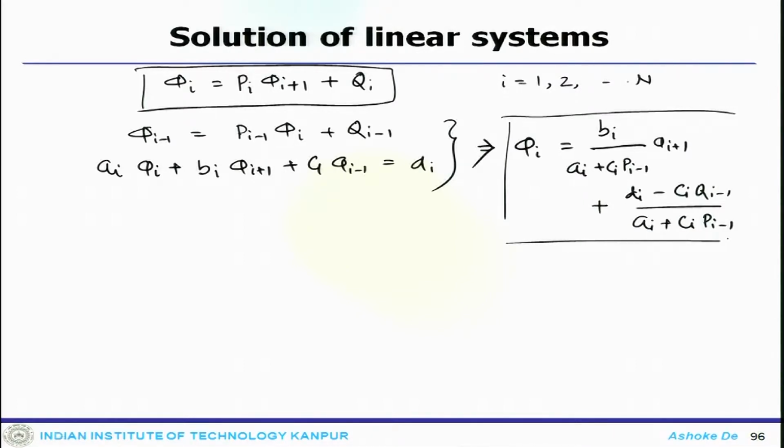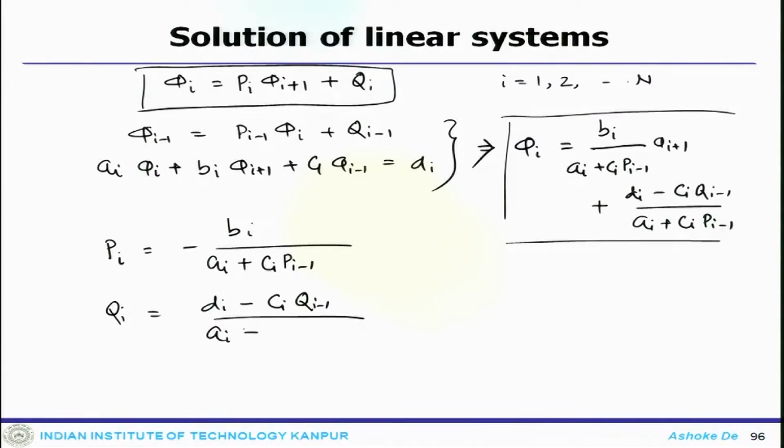Now, if you compare this one and the previous one, you can see that p_i is nothing but minus b_i divided by (a_i plus c_i p_(i-1)) and q_i is (d_i minus c_i q_(i-1)) by (a_i plus c_i p_(i-1)). In both these cases, i goes from 1 to n.